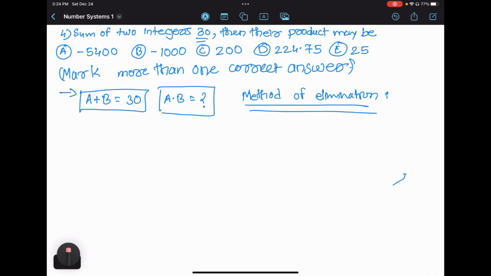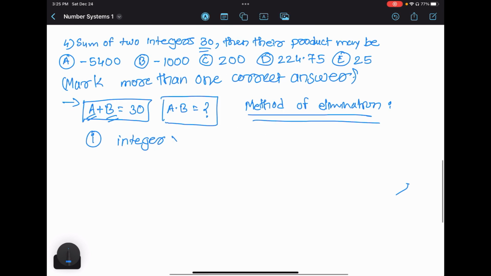So when I say method of elimination, the first part of the question we should understand is that they said integer. So a and b both are integers. There are a lot of basic rules of the number system which I will share, but one rule you can write down: any integer, whether it's minus 1, plus 1, minus 2, plus 2, when multiplied with an integer, the answer should be an integer.